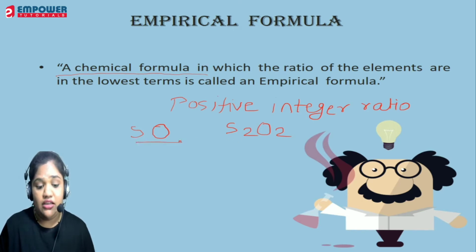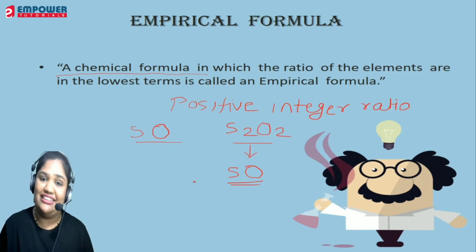Here you can see sulfur monoxide contains sulfur and oxygen, while similarly S2O2, that is disulfur dioxide, also contains sulfur and oxygen. So simply you can write it as SO. So here SO is nothing but the empirical formula of disulfur dioxide.